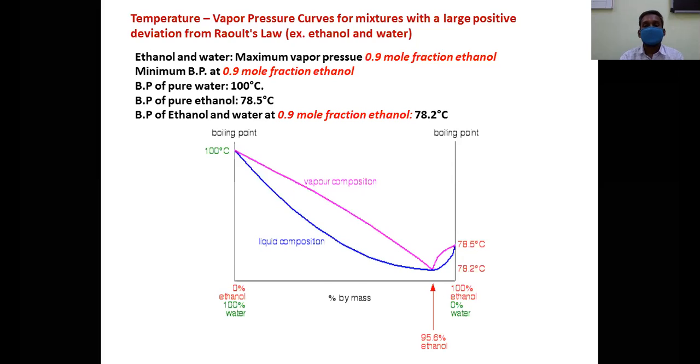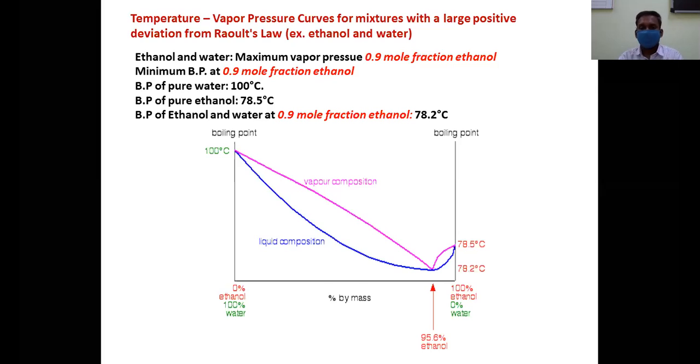Anyways, this we will take up when we talk about distillation in our future classes. The temperature at which vapor composition and liquid composition become identical, that we will talk of in our future classes.